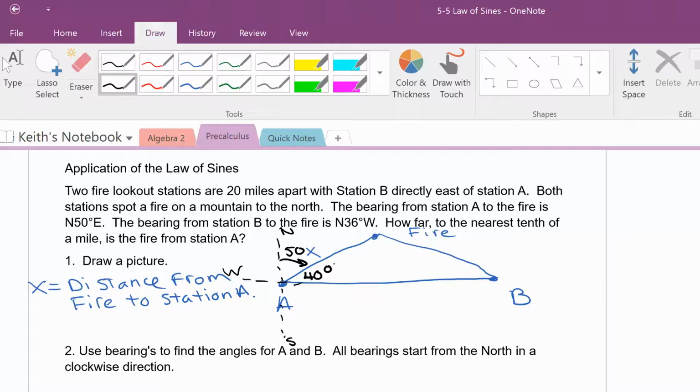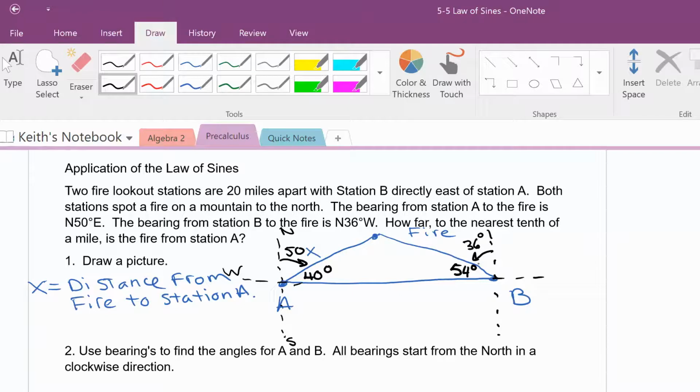Then the same thing on the other side. This is 36 degrees west. So then this would be 54 degrees, because 90 minus 36 is 54 degrees.